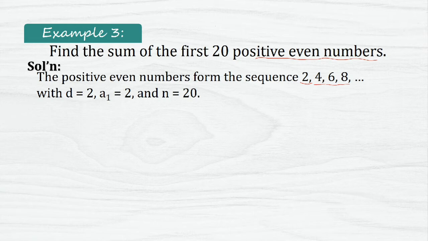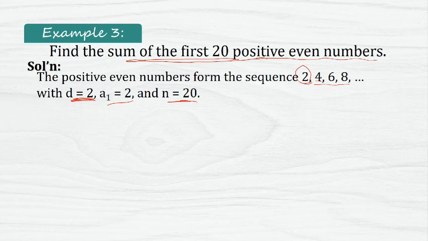Okay? So, our common difference here is 2, since 4 minus 2 is 2, 6 minus 4 is 2, or 8 minus 6 is 2. Then our common difference is 2. And then for our first term, that's 2. And the value of n here is 20, since we are getting the sum of the first 20 positive even numbers.